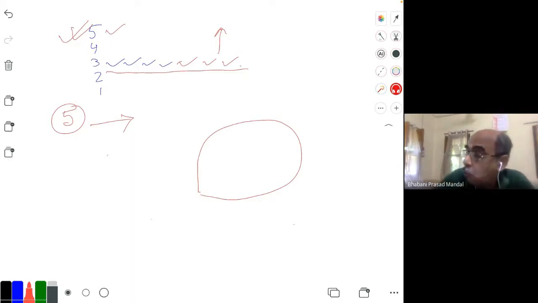At least one particle in this sphere should have contact with this plane. It can have more particles, but at least one particle in this rigid body should have contact with the plane all the time. Then we say the rigid body is moving on a plane. You agree or not? Yes, sir. If no particle is in contact, then the football has come out of the plane and it is moving in space.